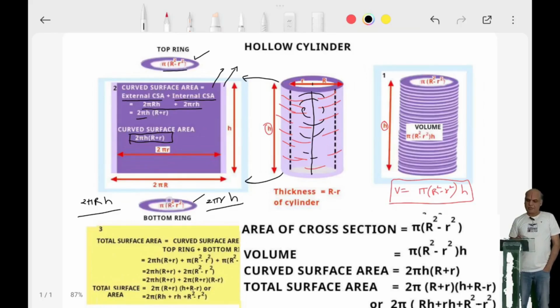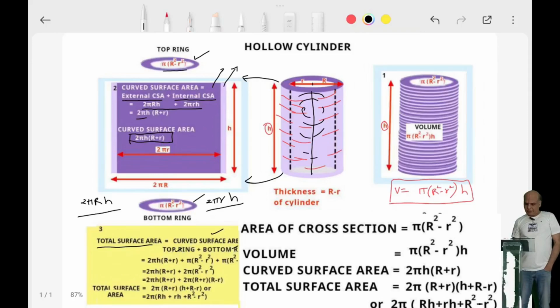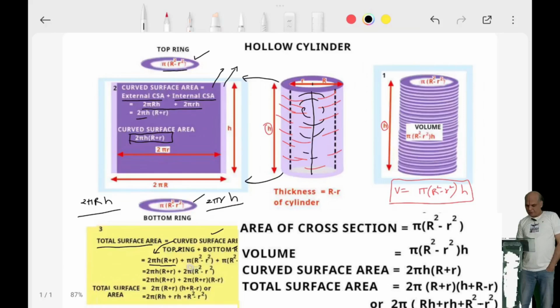Similarly, the cross-sectional area of the bottom ring is pi capital R square minus small r square. So total surface area is obtained as curved surface area plus top ring area plus bottom ring area. So curved surface we have seen, 2 pi h into capital R plus small r. This is the curved surface area. Now, this is the top ring area and this is the bottom ring area.